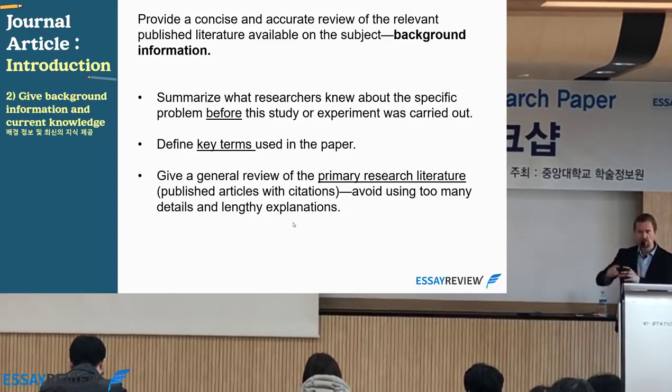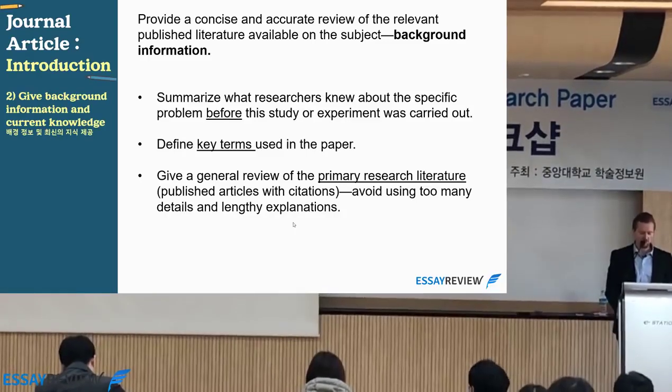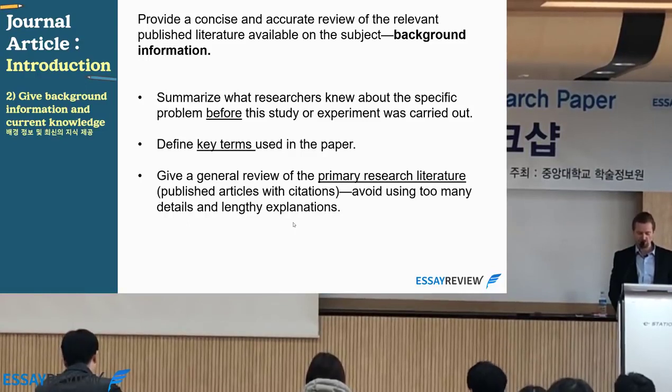In the introduction, you can define it. Write the term and explain what it means. If it's very basic, then you don't have to define it. Okay, give a general review of the primary research literature. Again, not too many details, just general.